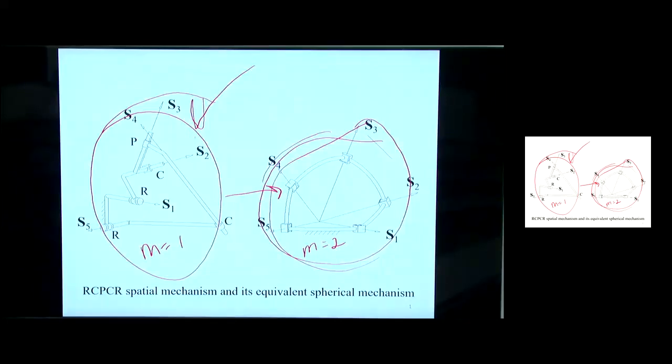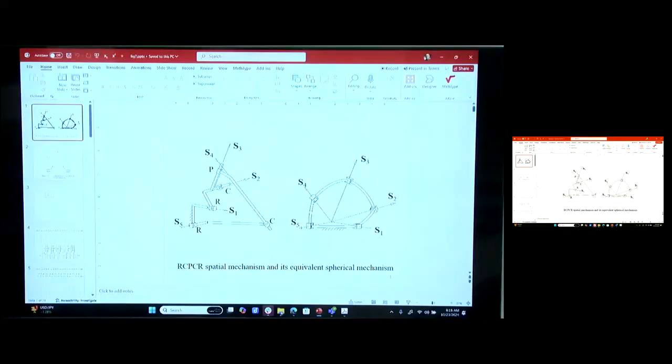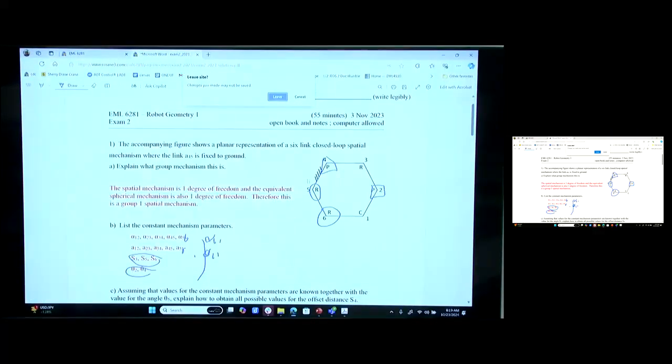Oh, when you go to the spherical, let me pop that one up to make sure I'm talking about the right thing. Here it is still. So this was the planar representation of the 3D. If I draw the planar representation of the equivalent spherical, I've got a revolute, I've got a revolute. The prismatic, I know that one. I've got a revolute.